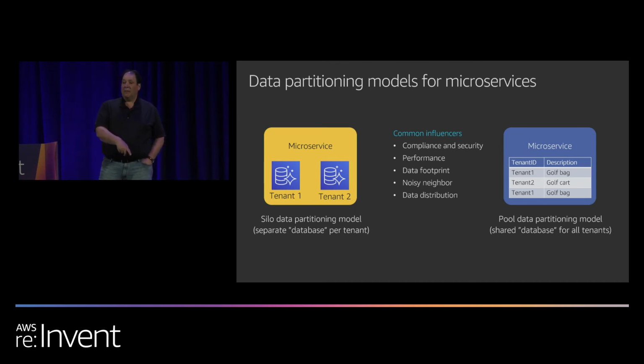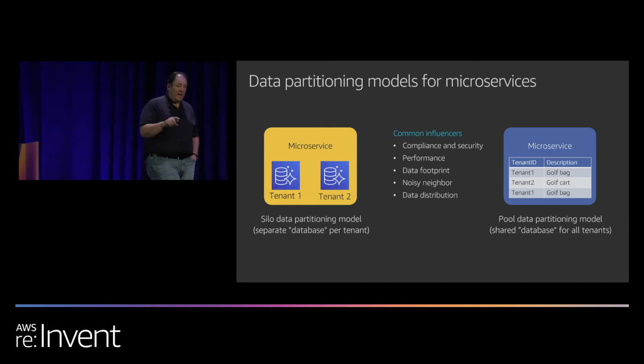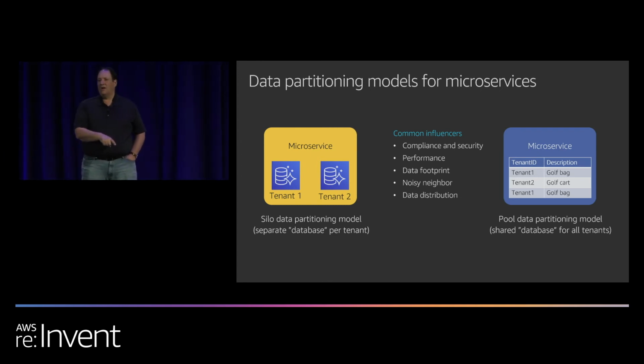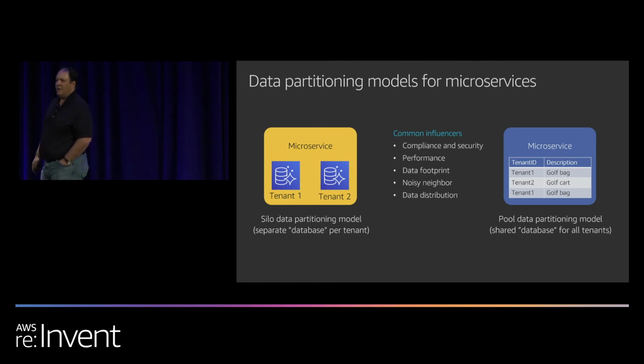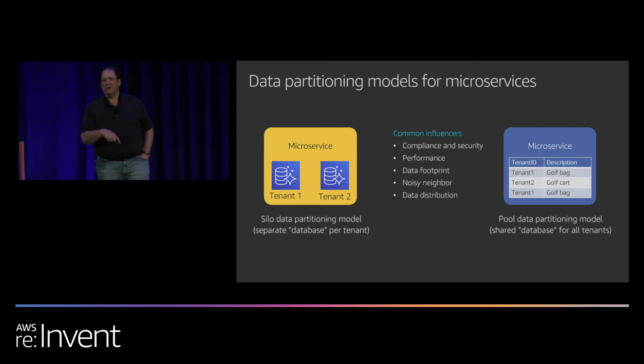Not so hard. Imagine the management profile of that. Not so hard. I look at one view of that data for all tenants. Now take that same mindset and think about it where I've got 1,000 tenants. They all have their own tables, their own database constructs, and I have to now apply all of that across all of them. So for somebody to be siloed, there has to be good reasons.